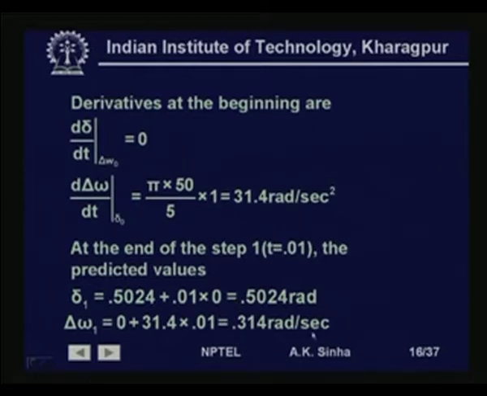So, these are the predicted values which we use for the modified Euler method, whereas these are the values that we obtain at the end of the time step if we are using the simple Euler's method.